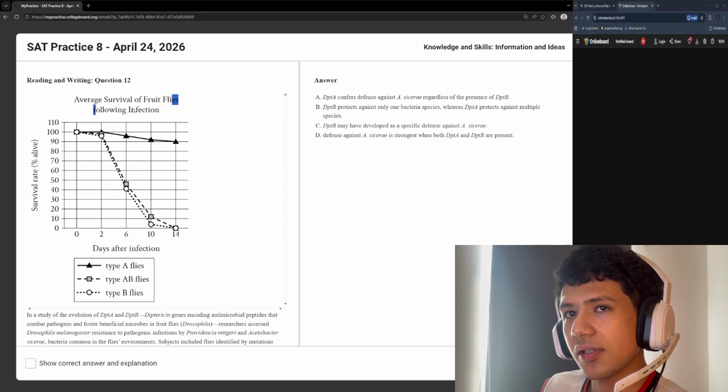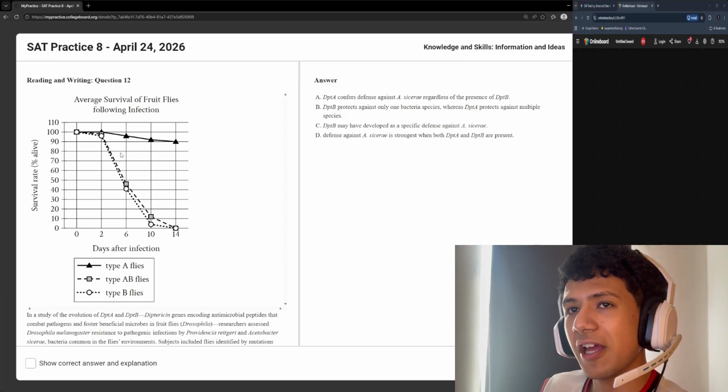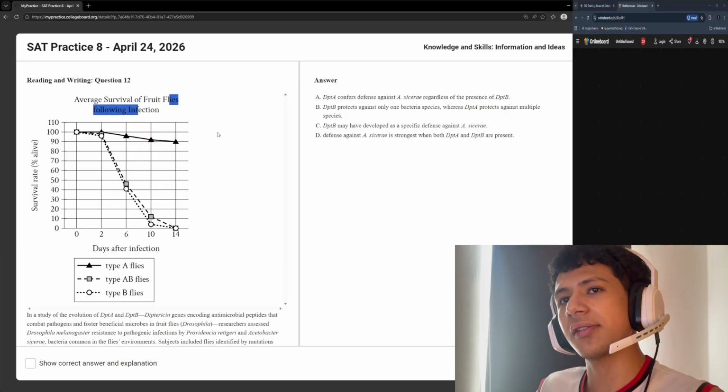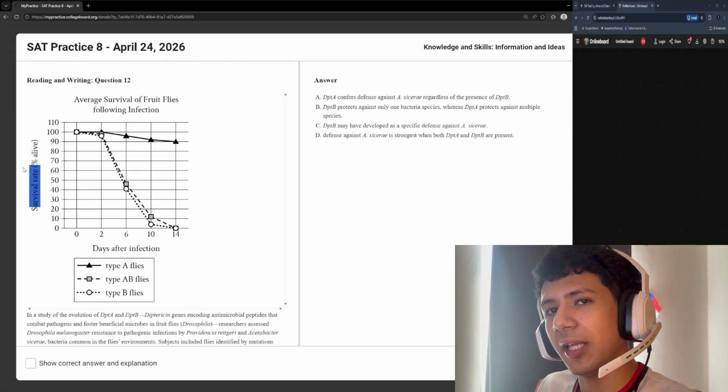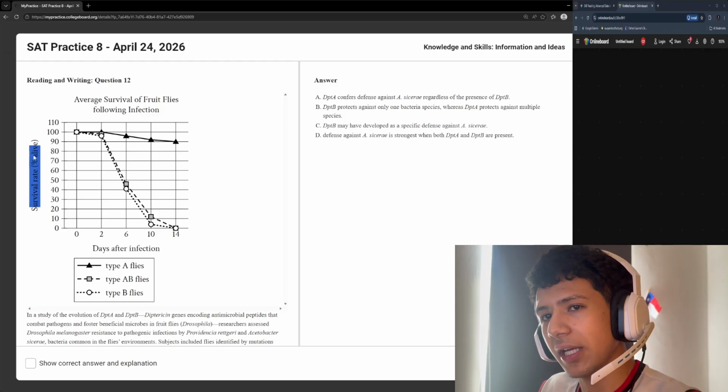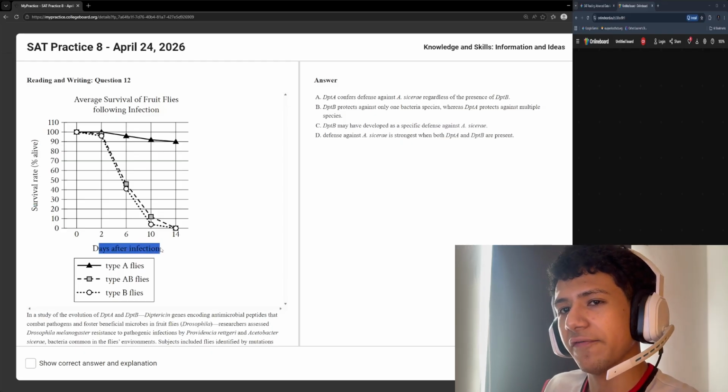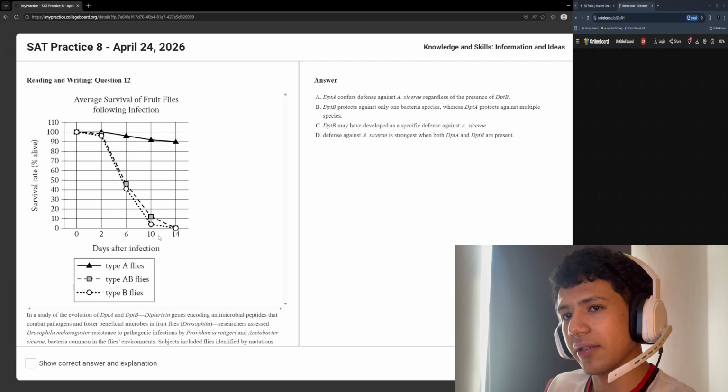Following infections. So this is the average number of how many flies survived the infection, right? That makes sense. Then we have the survival rate, the percentage of fruit flies that were alive after days after infection, after 2 days, 6 days, 10 days, 14 days.